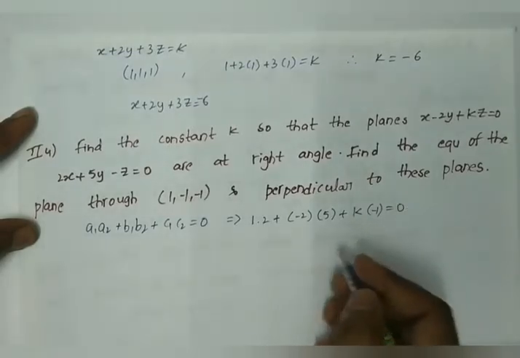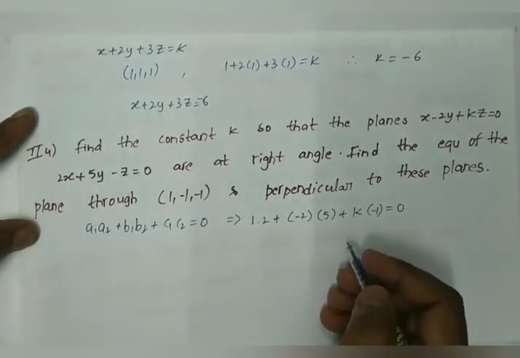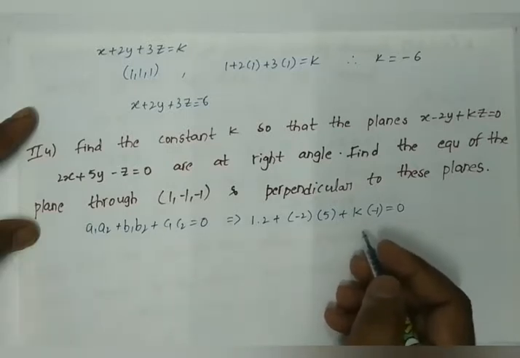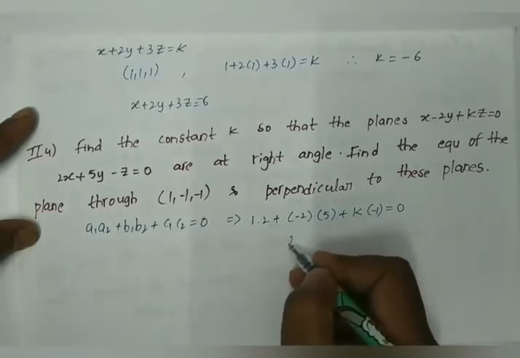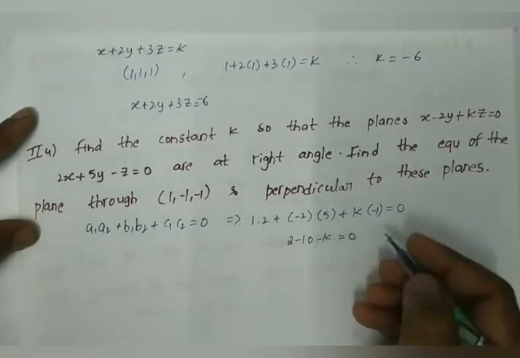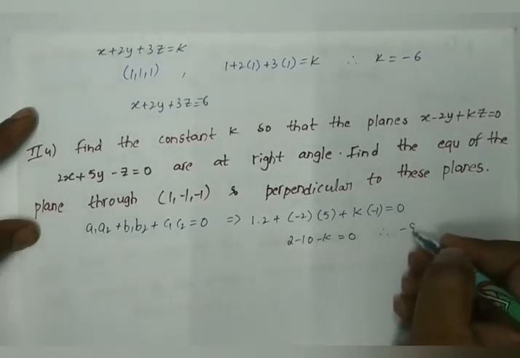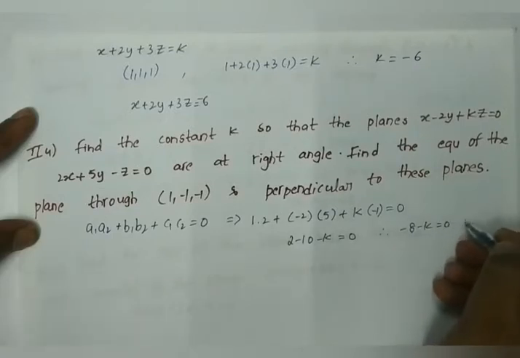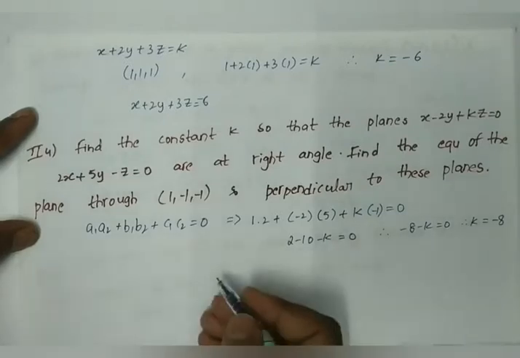By simplifying this equation, we will get the k value. So 2 minus 10 minus k is equal to 0. Therefore minus 8 minus k is equal to 0. Therefore k will be equal to minus 8.